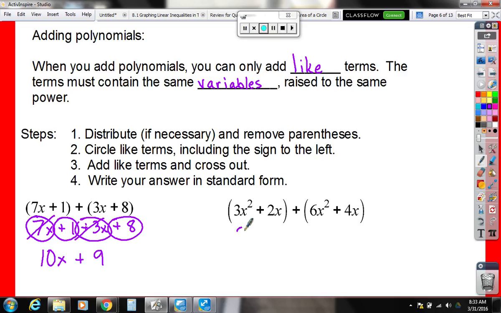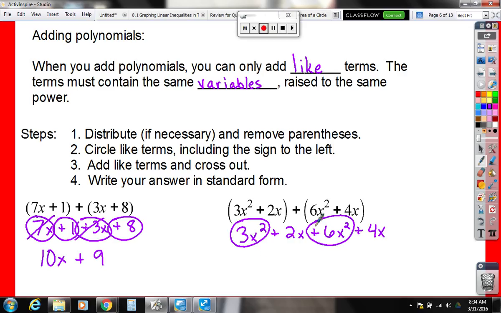So I'm just going to get rid of the parentheses in this case. Adam, looking at my first term, are there any other terms that are like that term? Yes, 6x squared. Good. I'm going to circle the positive sign. When I add those together, what do I get?